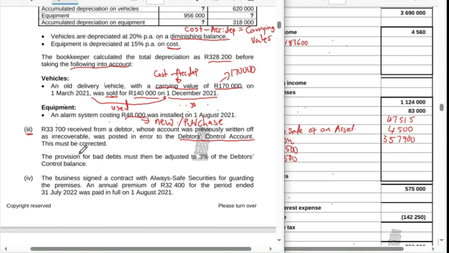This must be recorded. So, guys, there is an error in this adjustment stating that we have received the amount that it's worth how much? 33,700, meaning we have received this amount from a debtor whose account was previously written off as irrecoverable, meaning this debtor, we wrote this debtor off as a bad debt because we said this debtor is irrecoverable, and now it was posted in error to the debtor's control account.